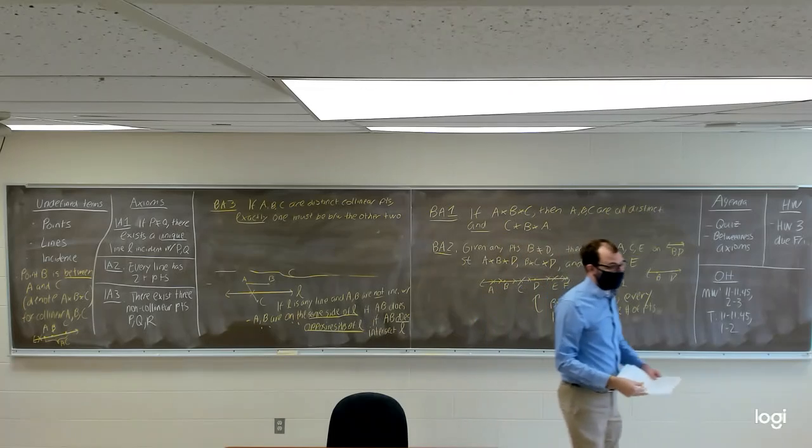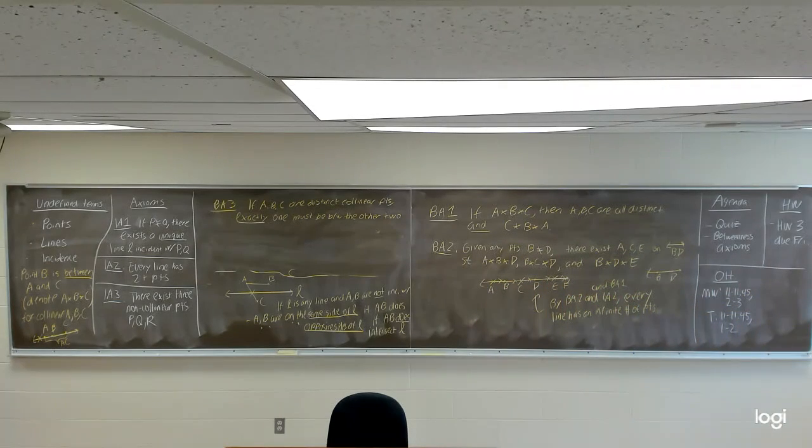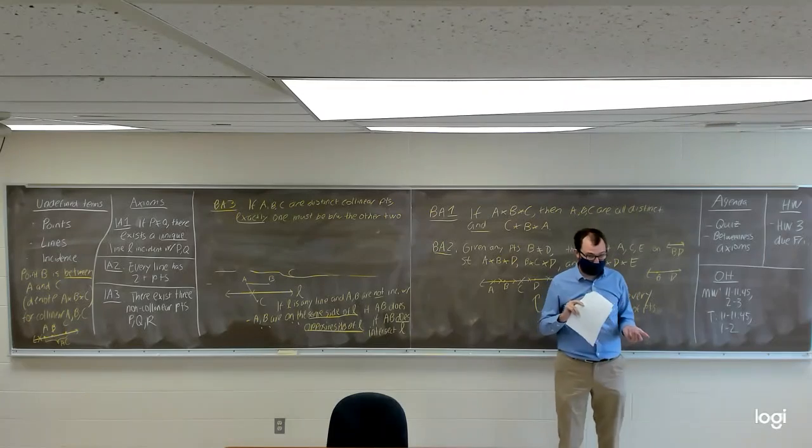And Sydney, I think that also encompasses what you had proposed earlier, that if B is between A and C, then A can't be between B and C, and C can't be between A and B, because of this exactly 1 condition.